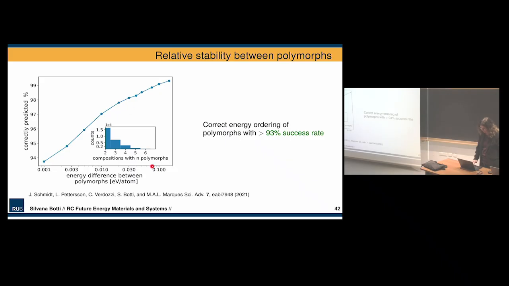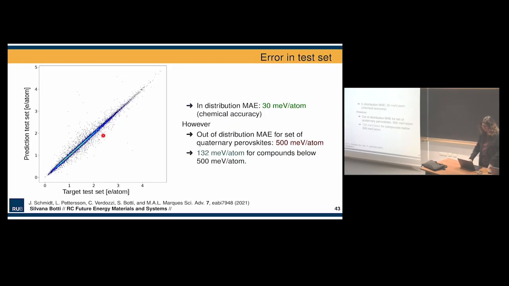If the energy difference between these two phases is 0.1 electron volts, it was basically 100%. Of course, if the two polymorphs are very close in energy, then the success rate is lower, but still it was quite high. So we were very satisfied with this, and also with the error that we found in the prediction of the energy, or formation energy, or energy distance to the convex hull.